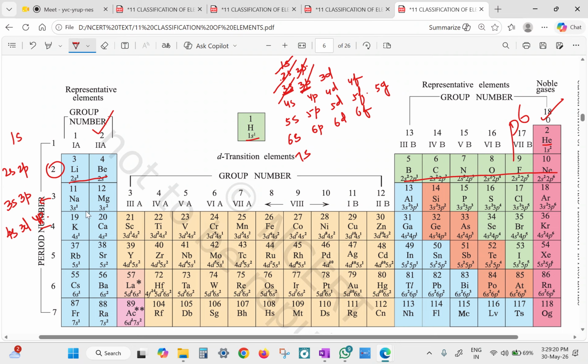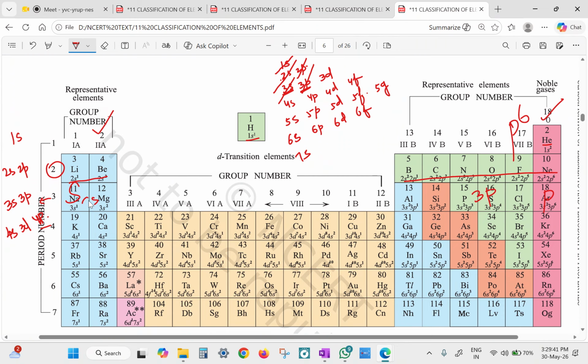It should start at s and it should end at p. So it will be 3s and here it is 3p. It will be 8 elements. Any period will start with s and end with p. So after 3s comes 3p. That's the end of period 3.